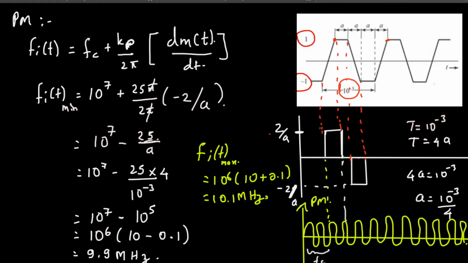At this interval it is at the max, so this is Fi of t max. And at this location you see nothing again, so that is also the carrier frequency. And from here to here it is at the minimum, so this is Fi of t min. Okay, and that's basically it, and that's how we draw the FM and PM diagram.